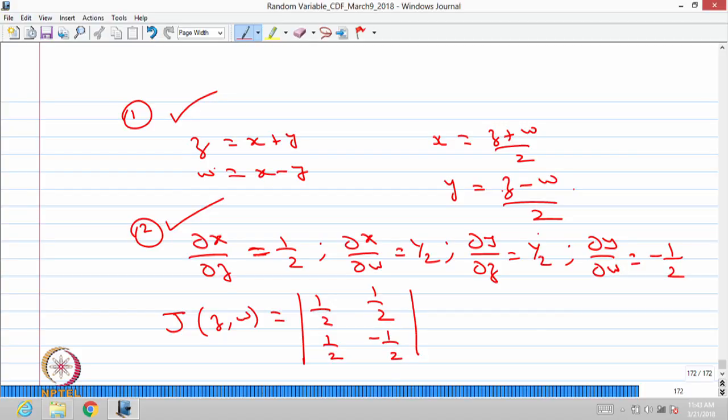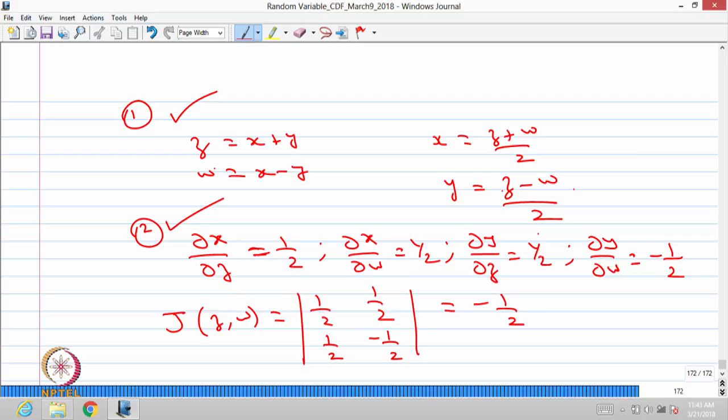Whether you write like this or in the transpose way, it does not matter, because at the end you are finding the determinant. That is minus 1 by 4, minus 1 by 4, therefore it is minus 1 by 2.